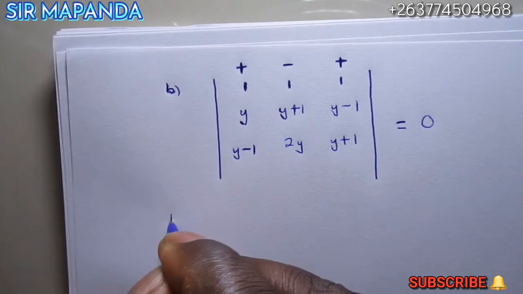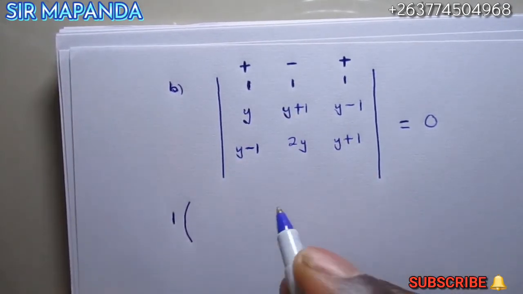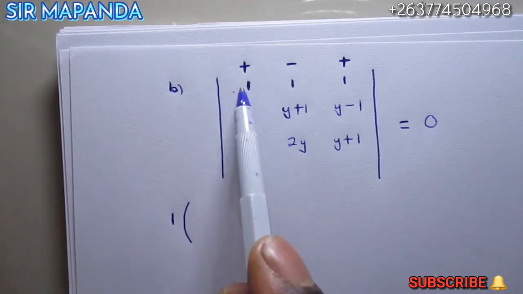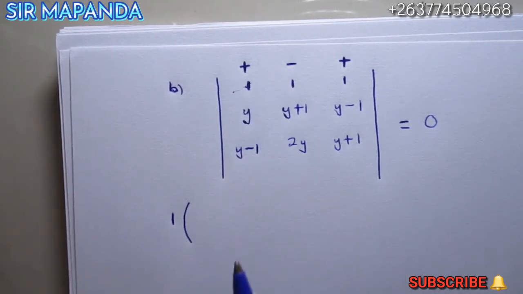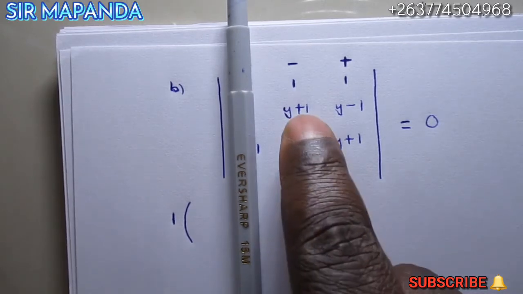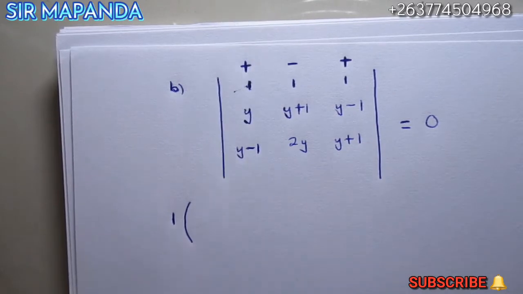So I'm going to take this plus 1, right, open bracket. 1 is going to multiply a 2 by 2 matrix, which is going to be made up of numbers in the second row and in the third row, which are not aligned to this one. So numbers in the second row and third row not aligned to this one, we have y plus 1, y minus 1, 2y, and y plus 1.